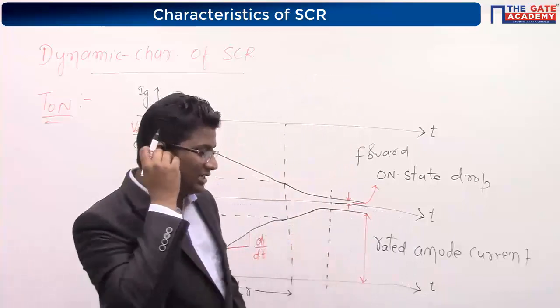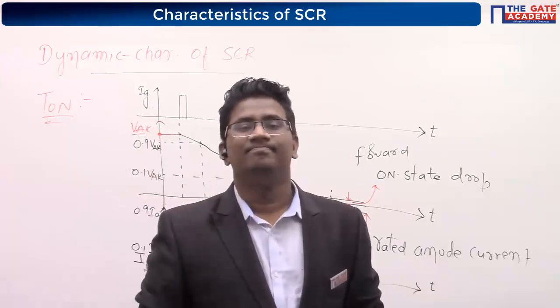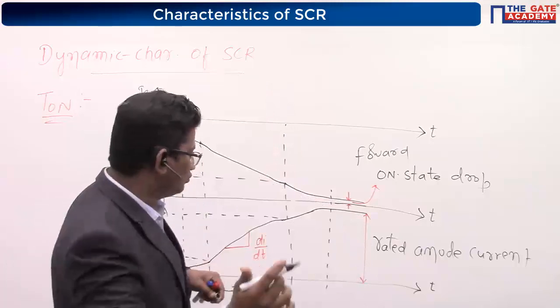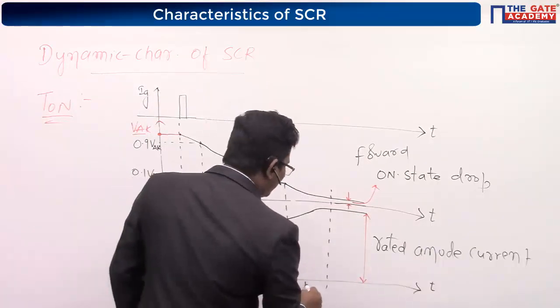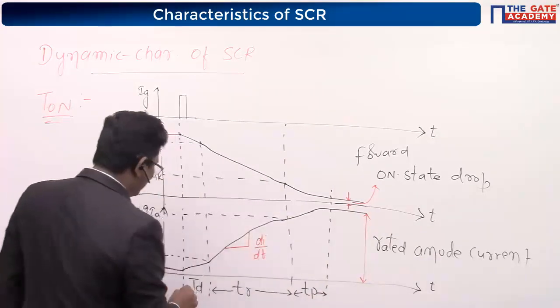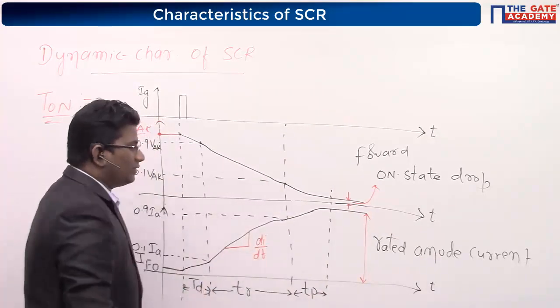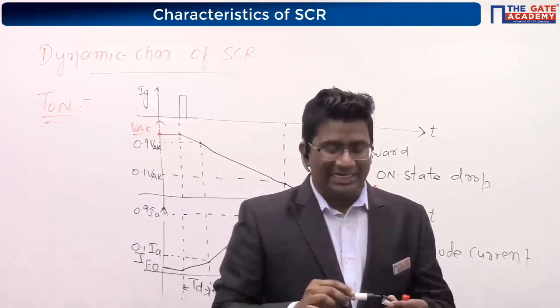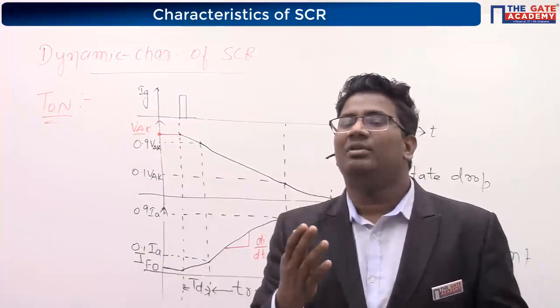Can anyone tell me what that duration is called? Spread time. Usually it is represented with either TP or TS. You can consider either TP or TS. Okay. Again I am repeating.